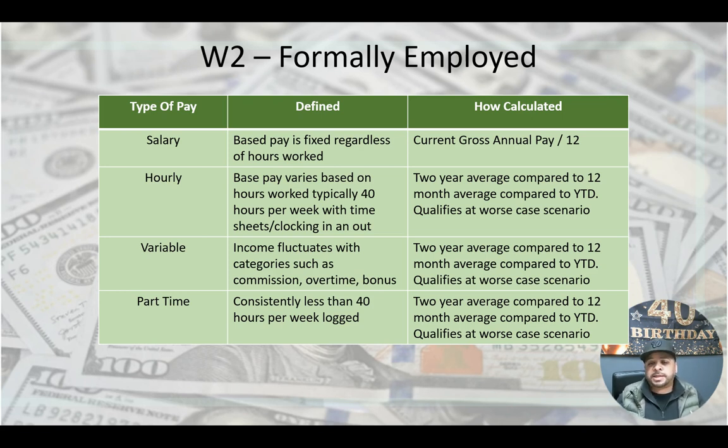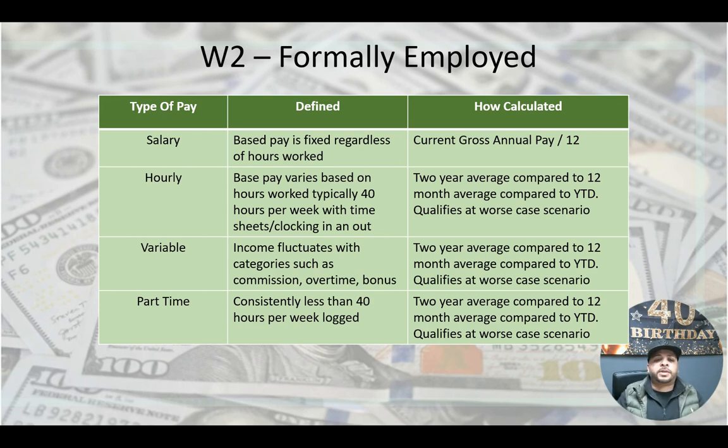Those items can be taken into account with what we call a verification of employment, where you can essentially take the current pay rate by the number of hours averaged worked for these 12, 24-month and year-to-date periods and recalculate it that way. But the key difference is that you're looking at these 2-year averages, the 12-month average, and again, the year-to-date, as opposed to the salary, where it's just the current amount divided by 12.